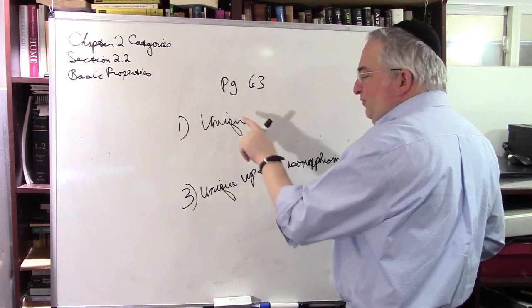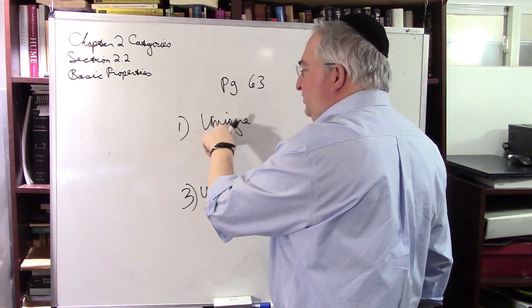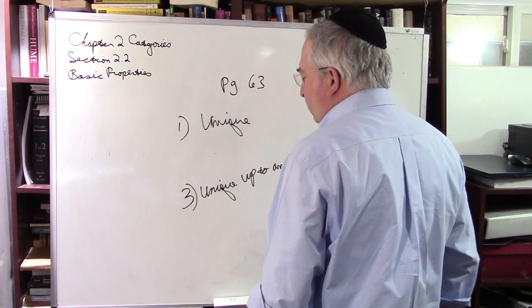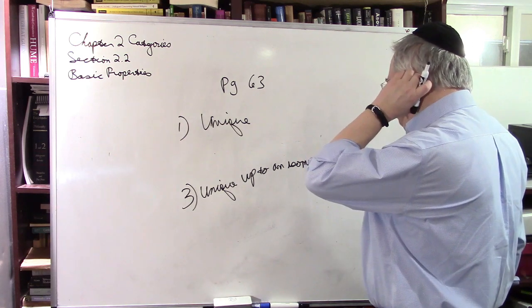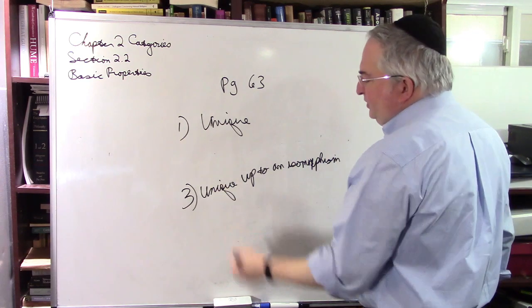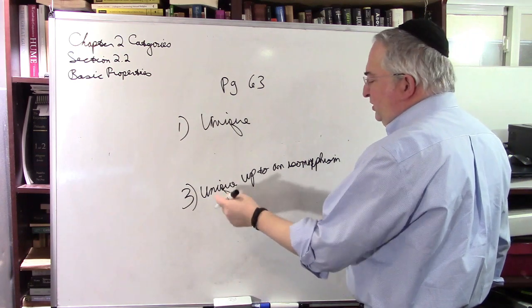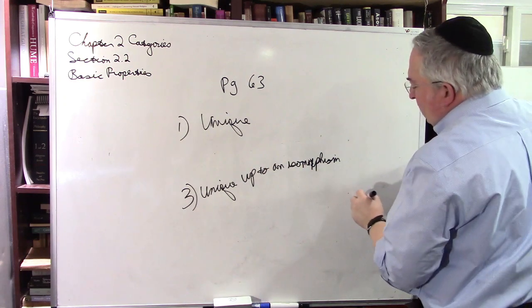Okay, let me just give you an example of something unique. The empty set in the category of sets, or the initial object in the category of sets, is unique. Unique up to isomorphism means, well, the set of three elements is unique up to an isomorphism. Something is unique up to isomorphism means what?